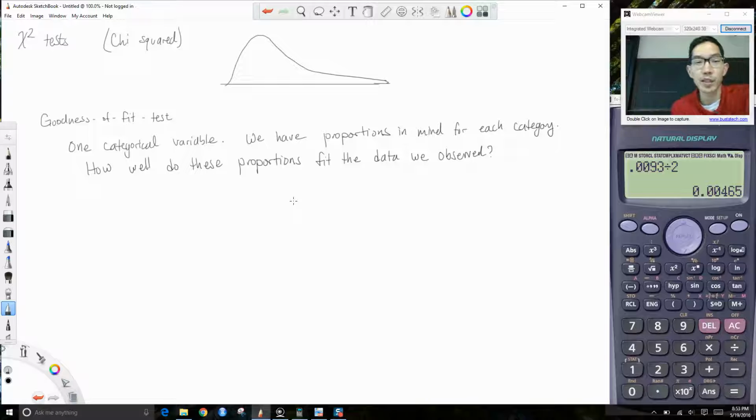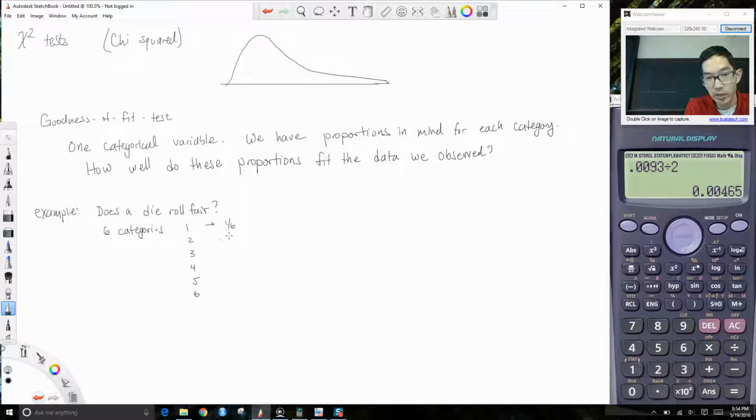So here's an example. Maybe you want to see, is a die roll fair? You have 6 categories, 1, 2, 3, 4, 5, and 6, and we are expecting the proportion to be 1/6 for all of these.